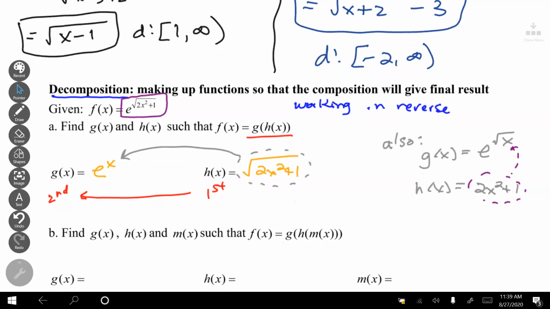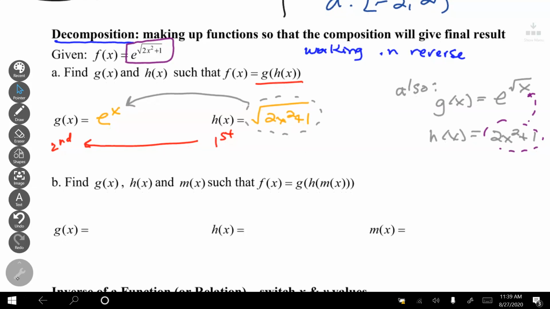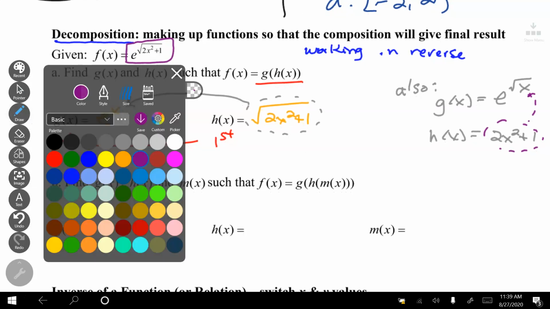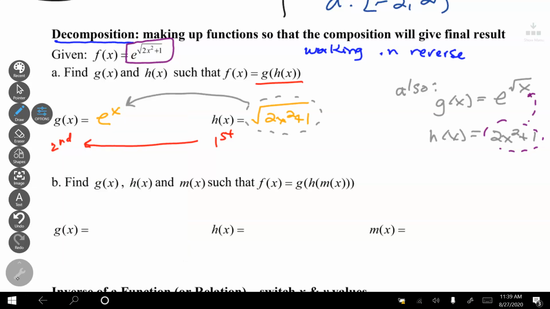Now for this next example, it's the same thing I want, except I'm doing a three-part composition, g of h of m of x.